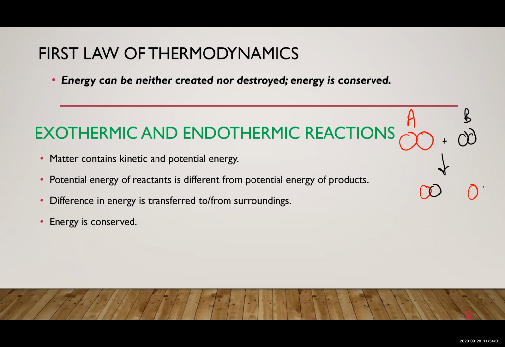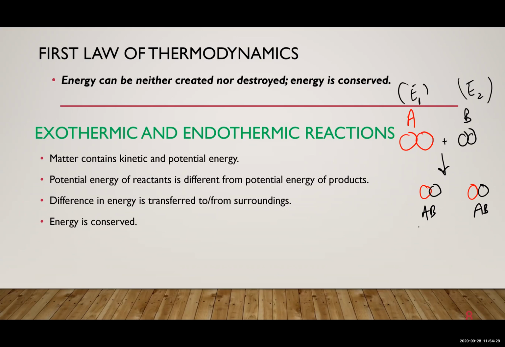This is my product. So the product is AB, right? So molecule A and molecule B have some stored energy in them. Let's say molecule A had E1 energy and molecule B had E2 energy.